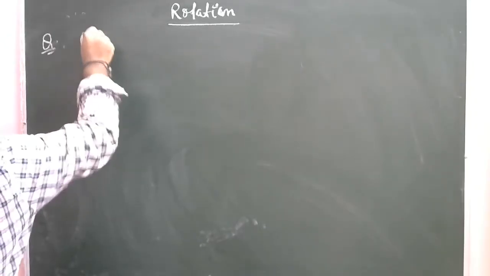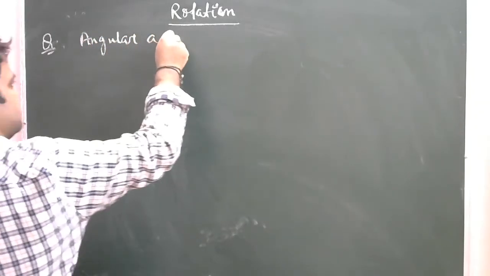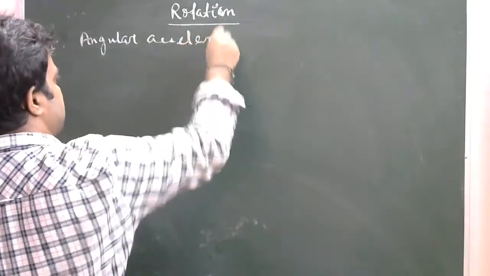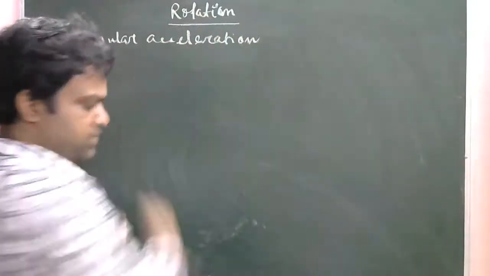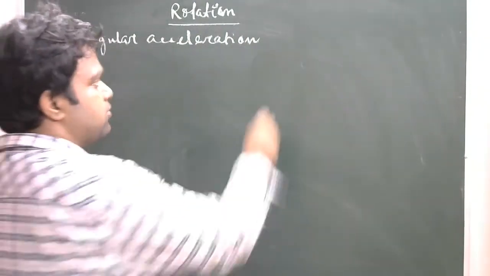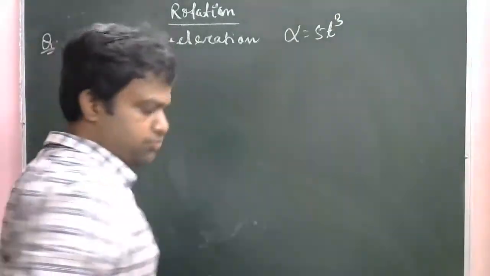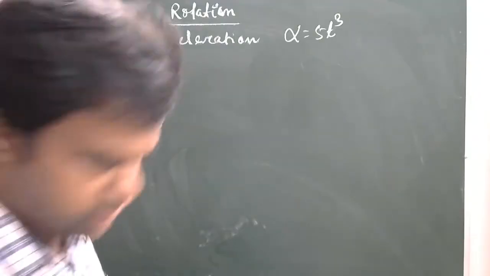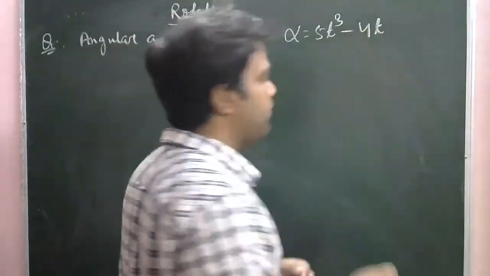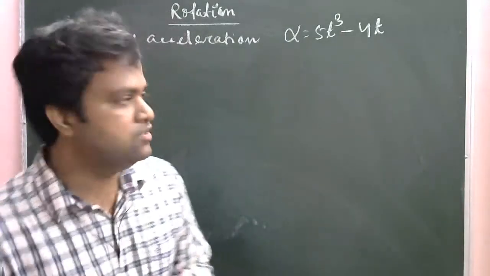Angular acceleration is given as alpha is equal to 5t^3 minus 4t.